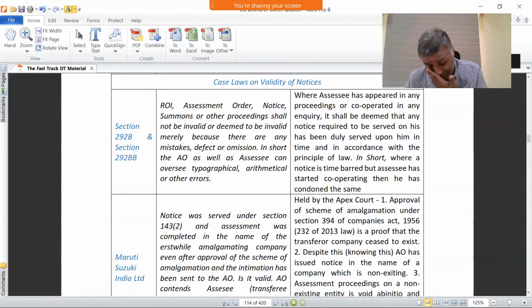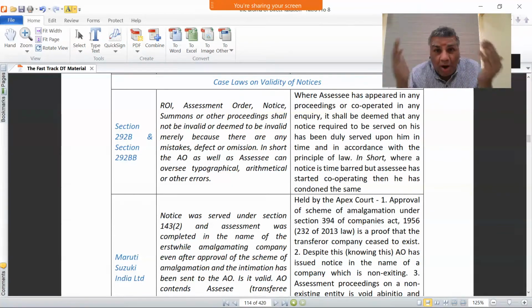Reverse. Accidentally, AO has made a mistake. Notice has to be served within 6 months from the end of the financial year in which a return has been filed. AO has not done it within 6 months. AO does it in the 7th month or 8th month.